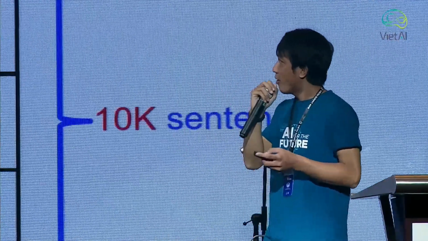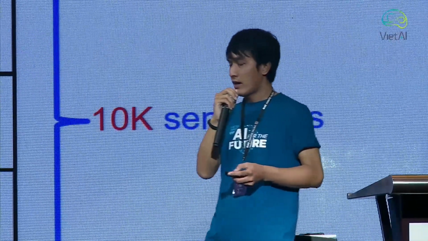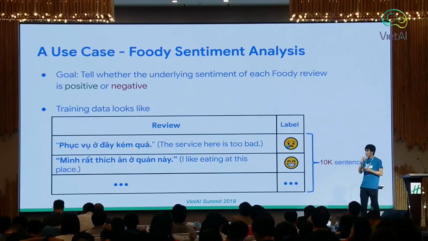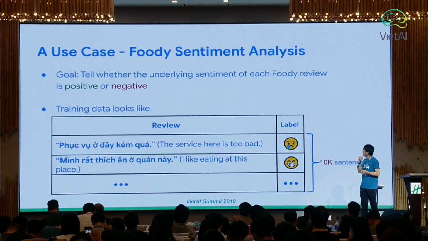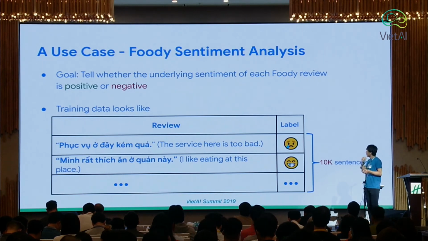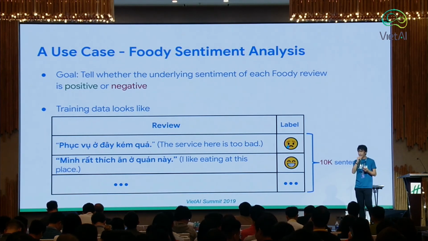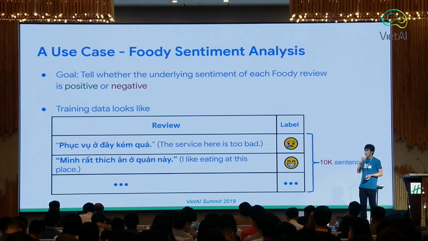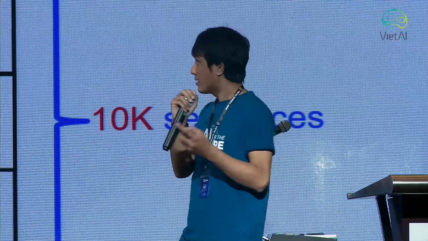And to be more specific about how to do backtranslation and how effective it is, let's consider a typical machine learning problem in Vietnamese, which is sentiment analysis, in which we are given a bunch of reviews, and the goal is we need to tell whether the underlying sentiment is positive or negative.